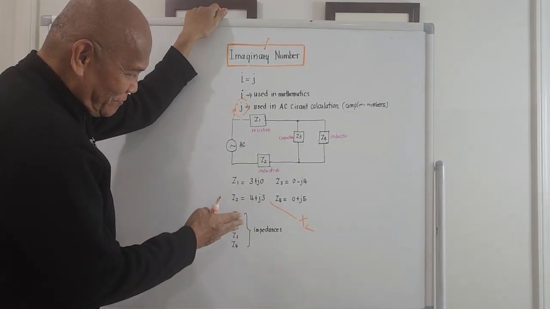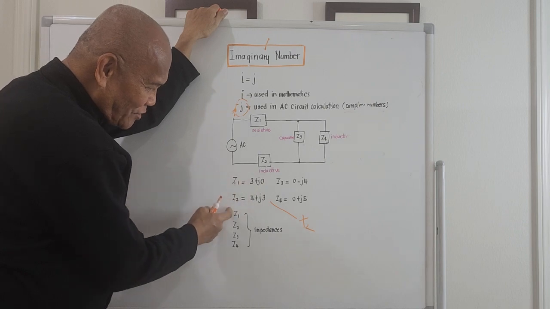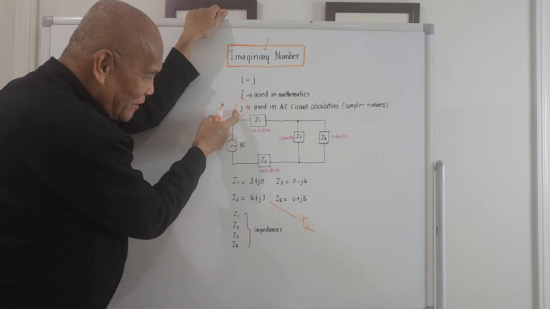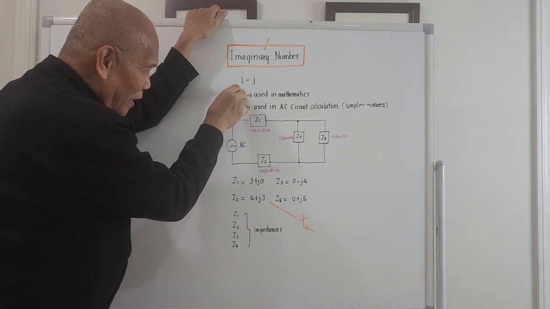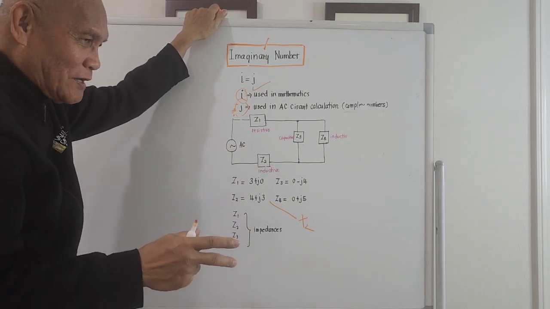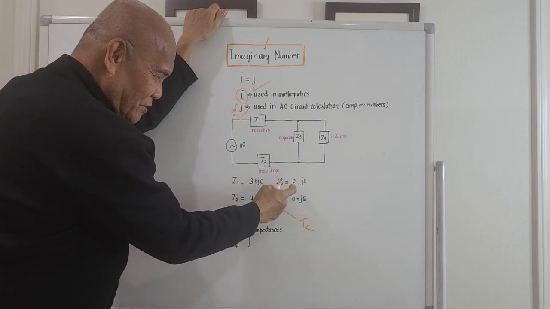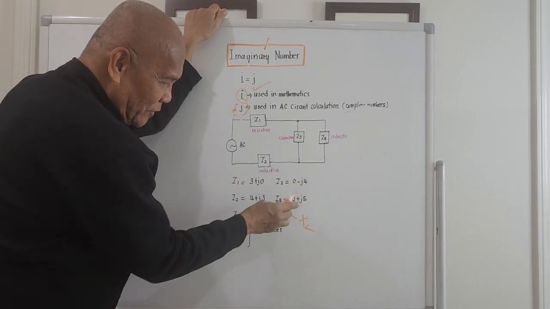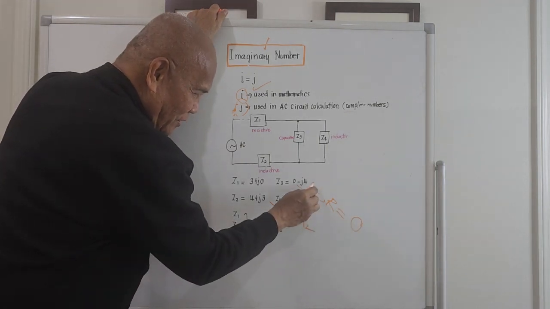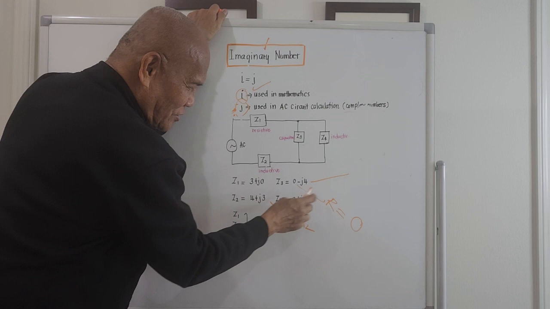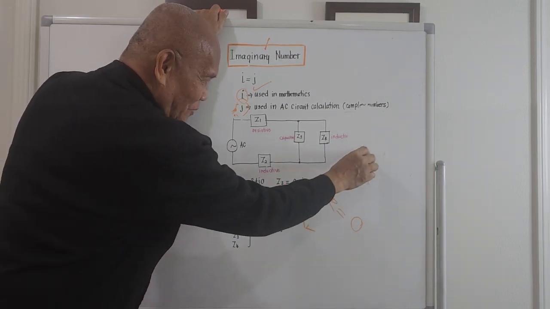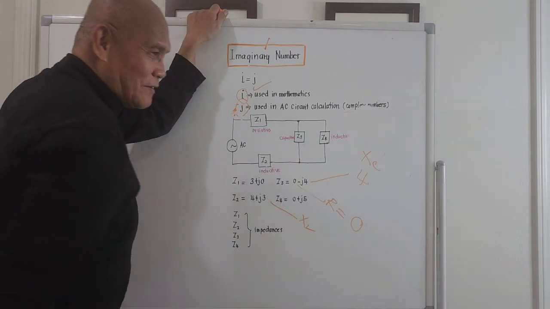As you notice, Z1 and Z2 involve the J, and this J is equivalent to I in mathematics. Another example of impedance which involves the J is 0 minus J4. The resistance here is 0 and the reactance is 4, but this is a negative sign, so this should be an XC.